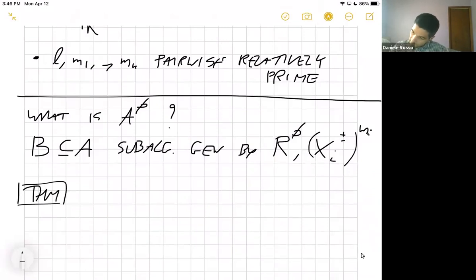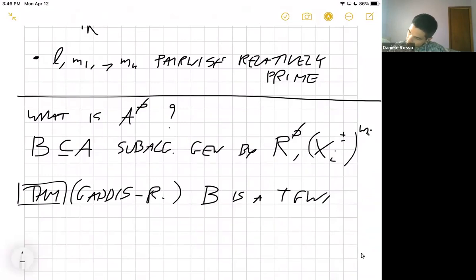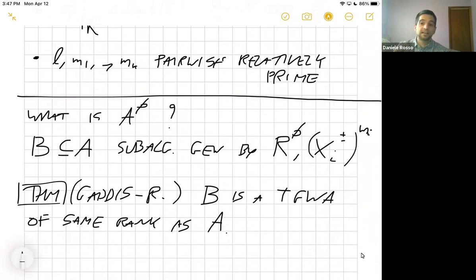This is not that hard to prove. It has the same rank as A. So again, in the case of degree 2 of phi, that would mean that basically you're taking one generator to the power 2, and you're generating everything that way.